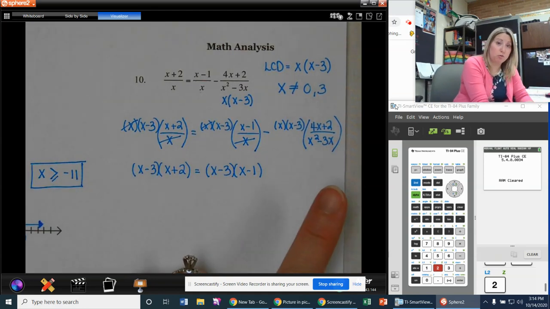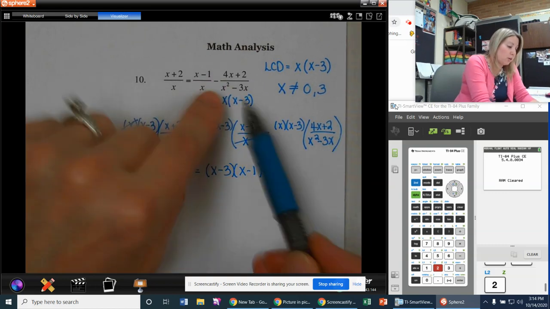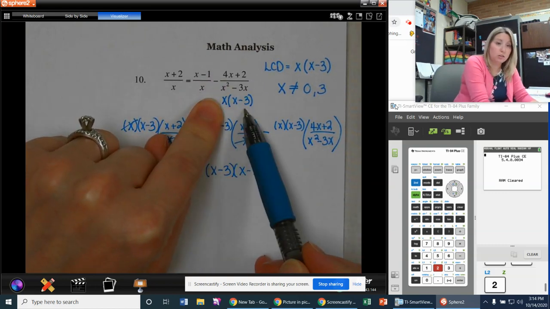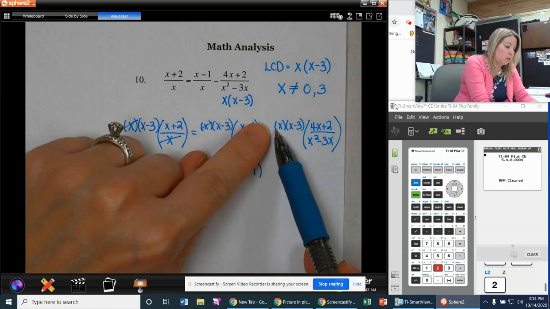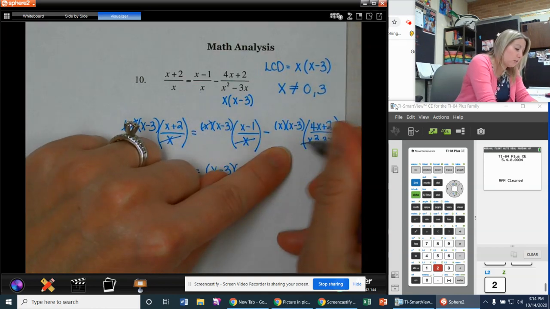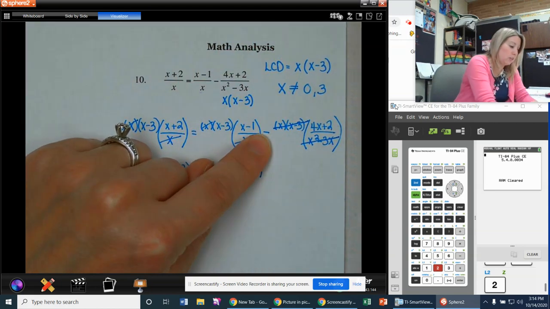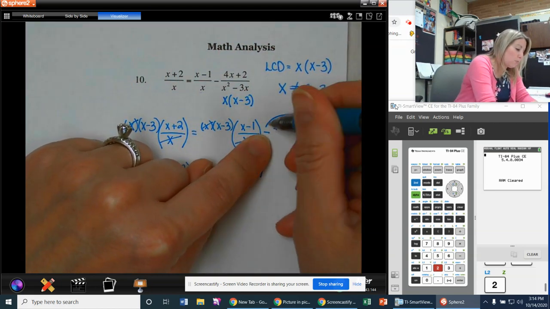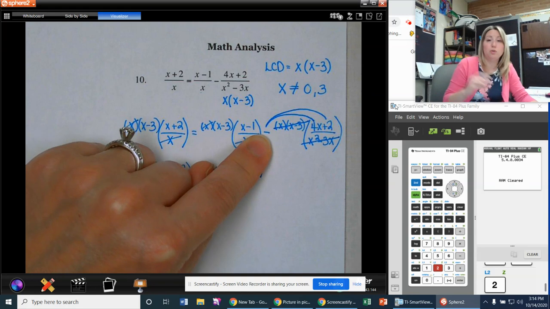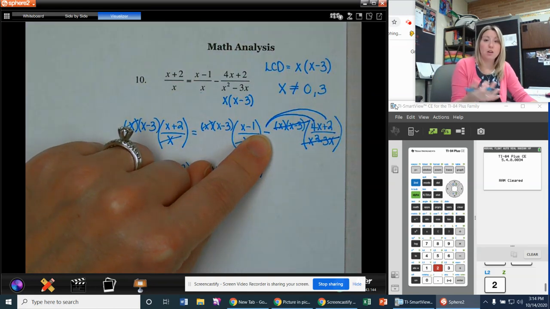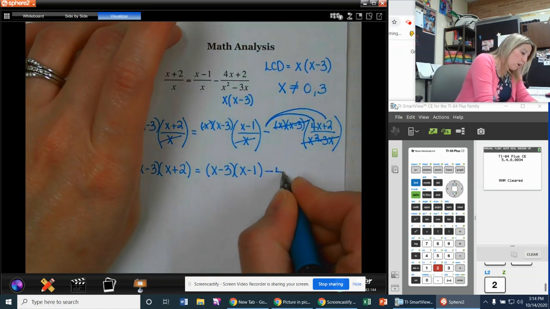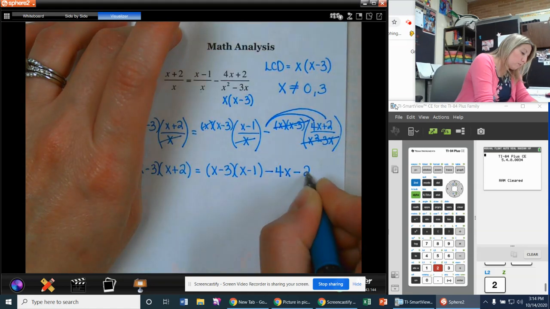This is nice because remember, this is the denominator we factored into this, which became our LCD. So this entire LCD is exactly the same as this denominator. So they completely cancel. What you need to be careful of is this negative needs to be distributed to both of these. This is like you left a negative 1 in the front. So now you get negative 4x minus 2.